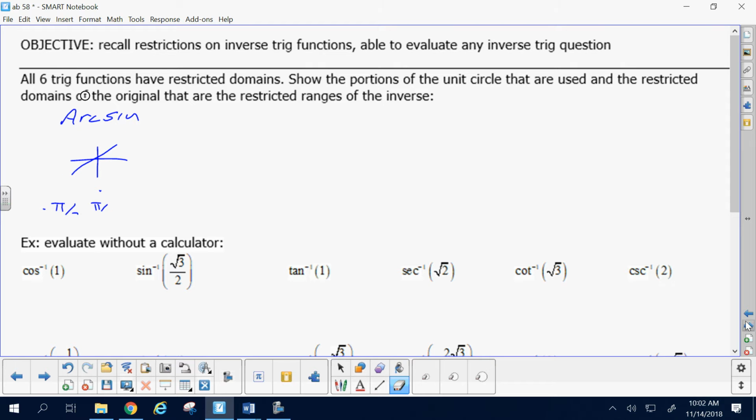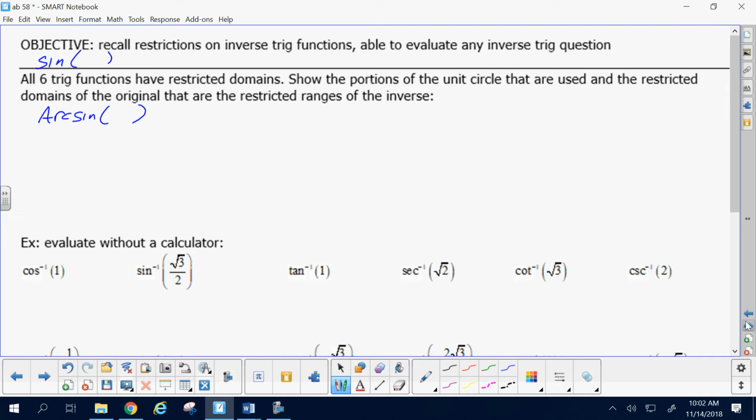I'd rather do this in a unit circle sense. Okay, remember, first of all, that in normal trig, you take the sine of an angle and you give a side ratio. In inverse trig, it's the opposite. You take the inverse sine of a side ratio and you give an angle.